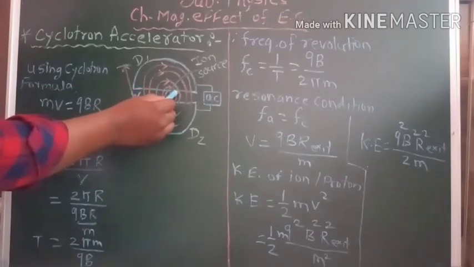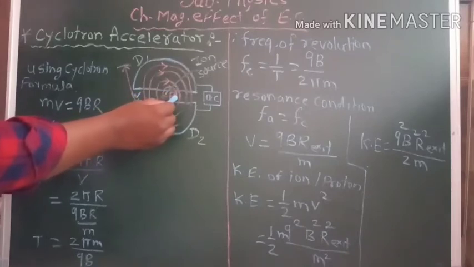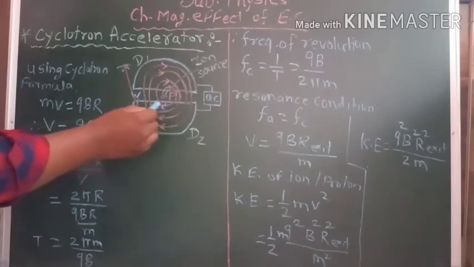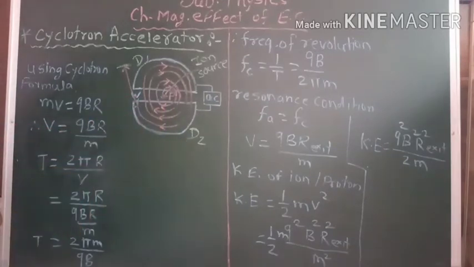Then due to the magnetic field, it goes through the free space between these two Ds, and again goes into D2 and produces another semicircle with some radius r. In the gap between these two Ds, the time interval is T/2, that is half the time period, where T is the period of a full revolution.